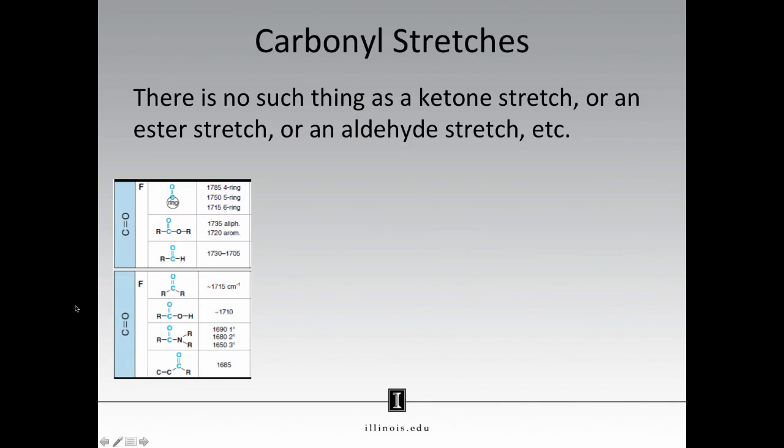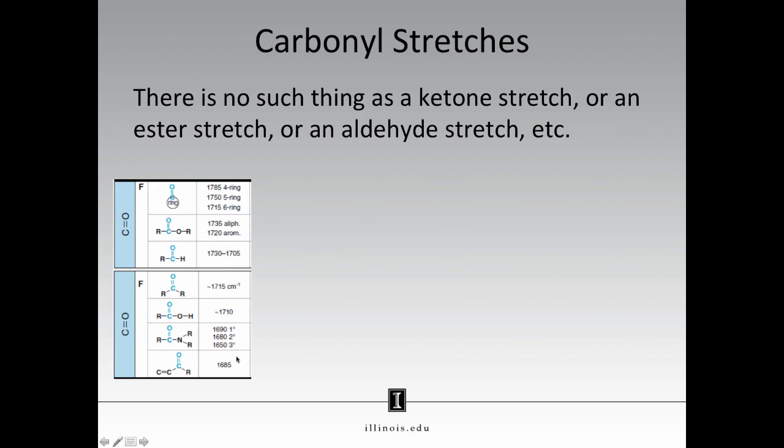Let us discuss carbonyls a little bit. One of the most common mistakes that you may make when interpreting infrared spectroscopy involves carbonyl stretches. On this slide, you see the IR spectroscopy data tables corresponding to carbonyls that you can find on your organic chemistry lab notebook cover. You see how each type of carbonyl attached to a ring, an ester, an aldehyde, a ketone, an acid, an amide, and what's called a conjugated carbonyl, are given their particular ranges.